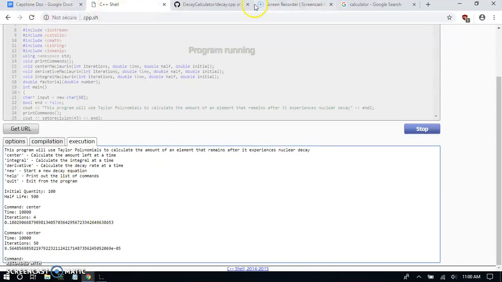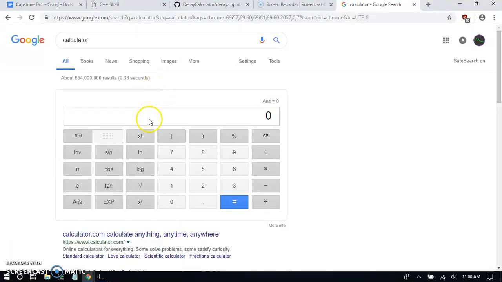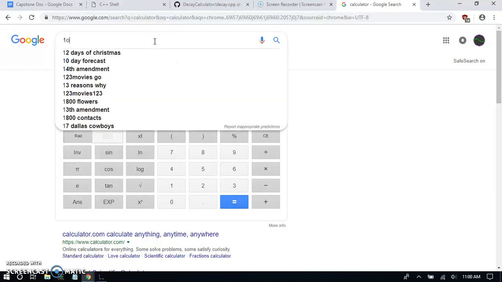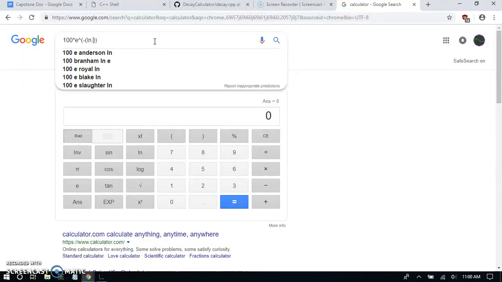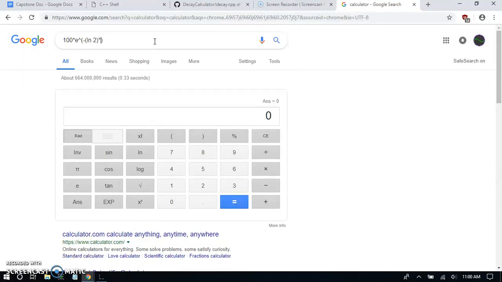So it is the initial amount, so let's go over to a calculator. 100 times e to the negative natural log of 2 times the time, which was 10,000 years, divided by the half-life, which is 500.